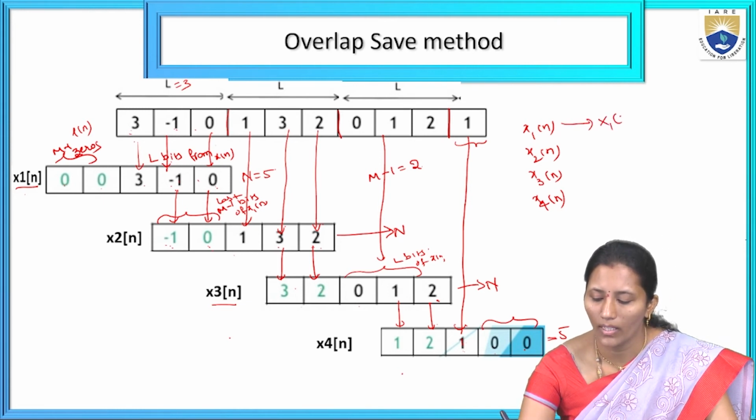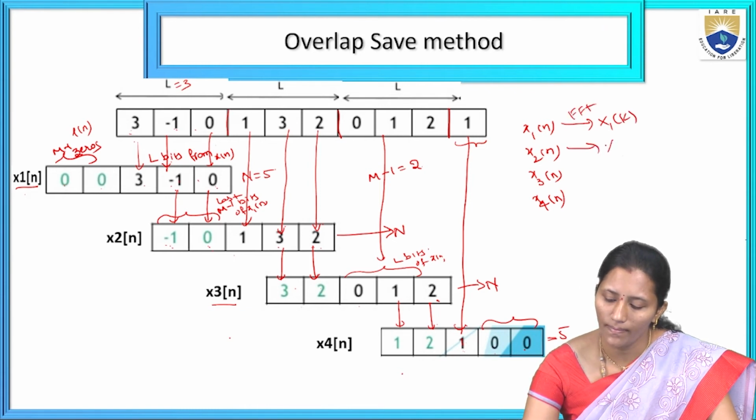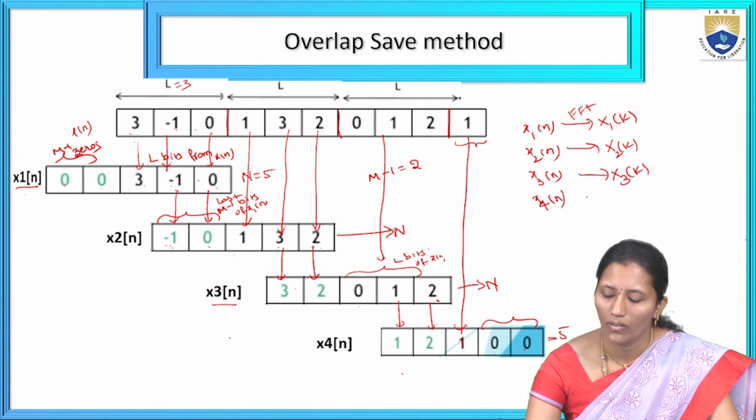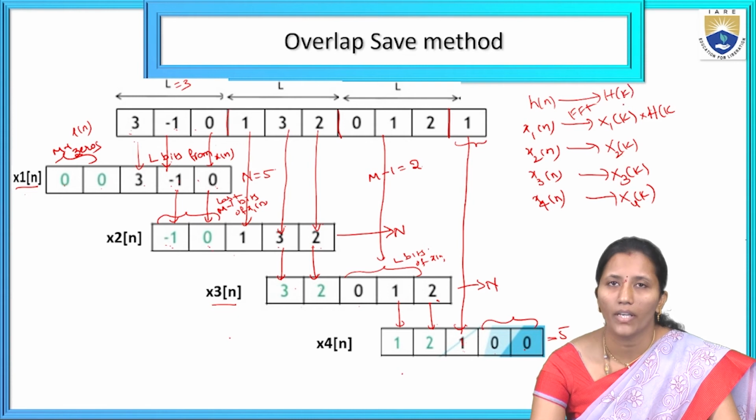If we use the FFT, what we have to do? We have to find the frequency domain signals by applying the FFT algorithm, and we have to multiply with the H of k. If we apply the FFT algorithm, the time domain signal is converted to frequency domain signal.